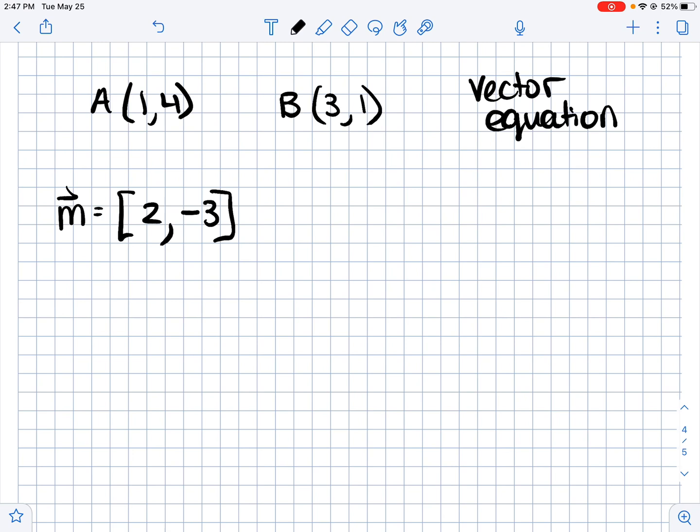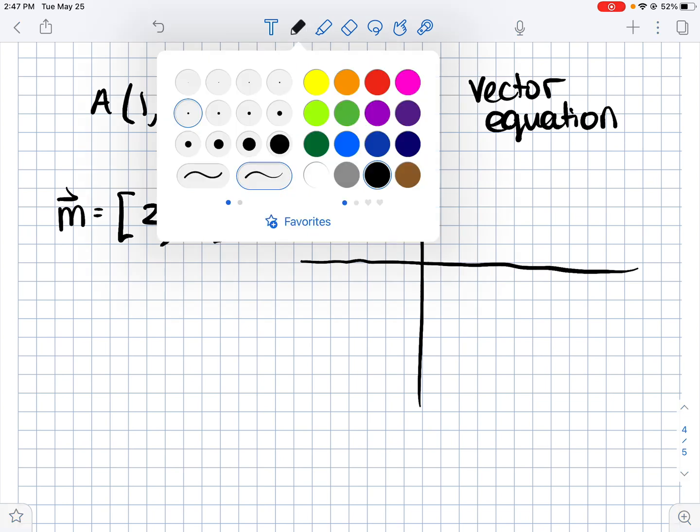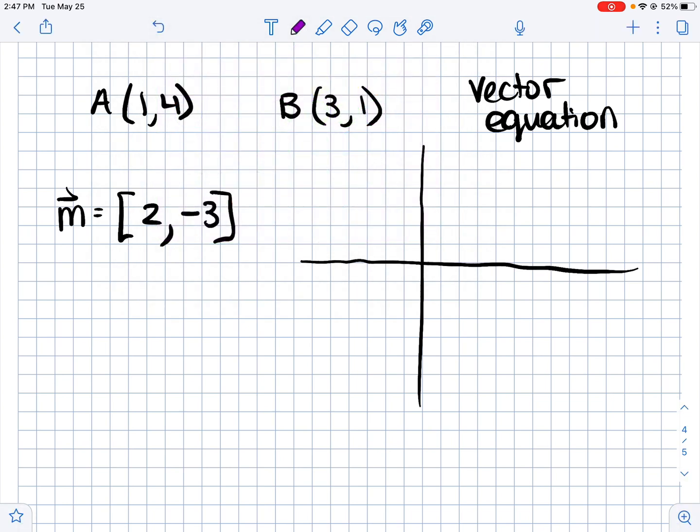And let me just sketch that out in case you're having trouble understanding that. So I've got this point 1, 4, and I've got this point 3, 1. So that's A, B. And I'm trying to find the equation of a line that goes through those 2 points. So I need a direction vector that's parallel. So I came up with the vector 2, negative 3.